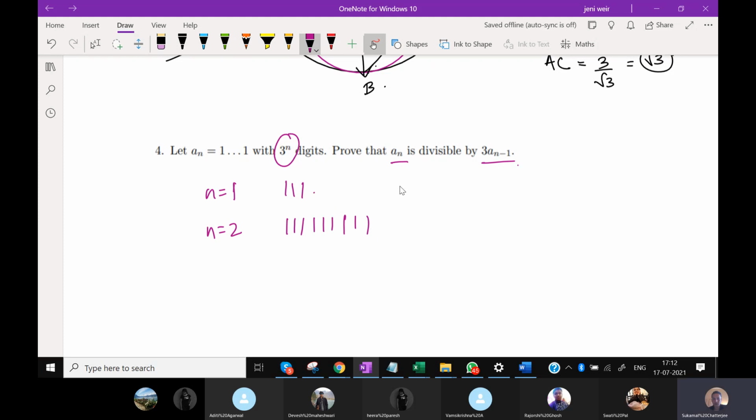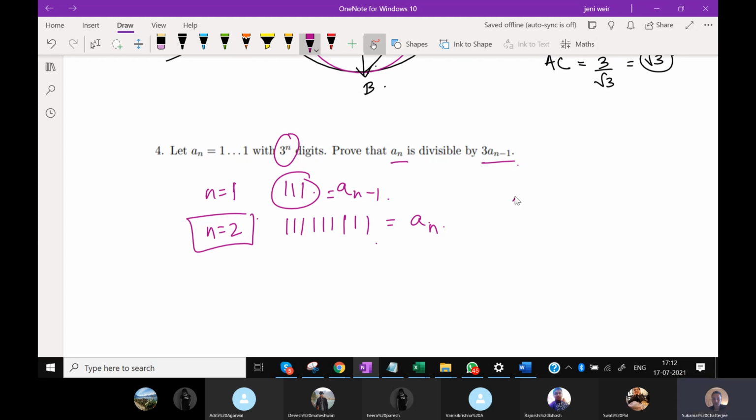So if n is equal to 1, this is a_(n-1) and this is a_n. So if I take n equal to 2, then a_n is equal to this, a_(n-1) is equal to this.